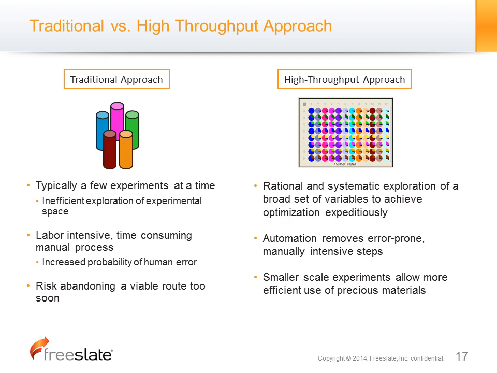Let me get into the comparison between traditional research and high-throughput research first. Typically, in a lab setting, without a high-throughput approach, what we can typically do is a few experiments at a time. So that's a fairly inefficient exploration of experimental space, and all the work has to be done by hand.